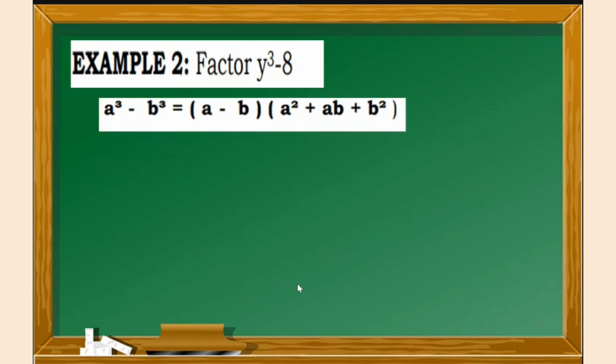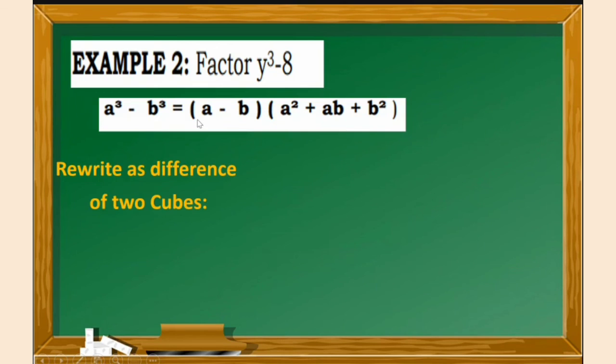Let's use this formula. Kapag minus, dapat ganito yung magiging factor niya. So first, rewrite as difference of two cubes. What is the perfect cube of y cube? Y raised to 3. How about 8? A perfect cube of 8 is 2, because 2 times 2 times 2 is 8.